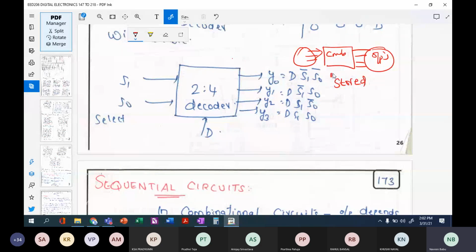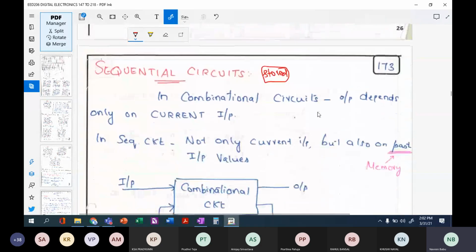Whereas in sequential circuits, you will have the option to store the data. And not only that, you can use this stored data in your inputs also, right? So that is the difference between a combinational circuit and a sequential circuit.